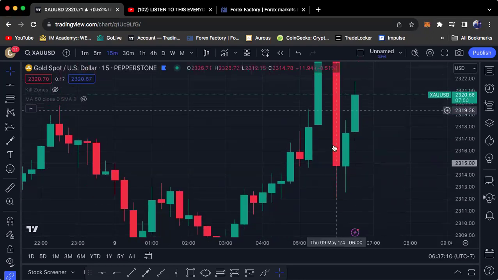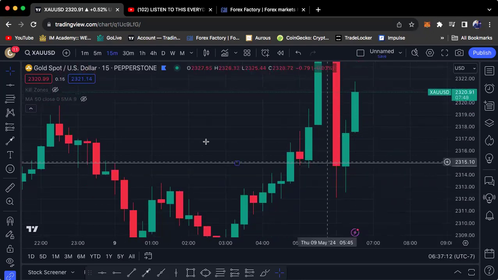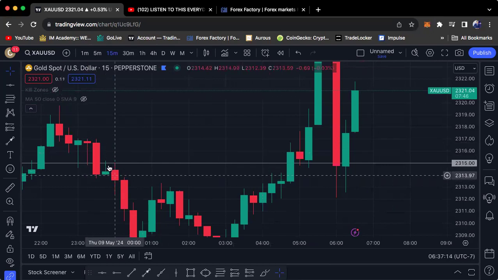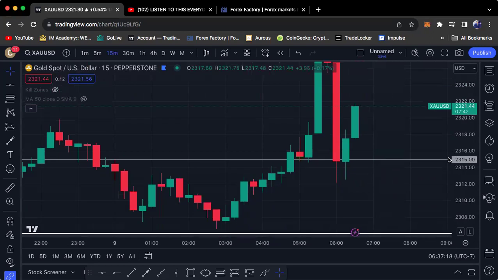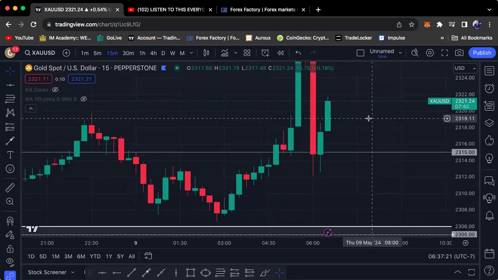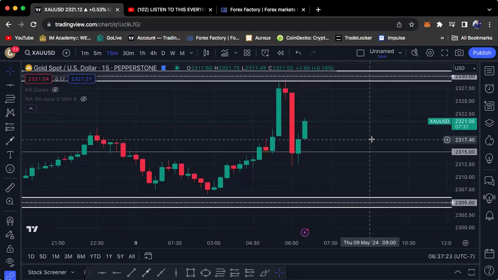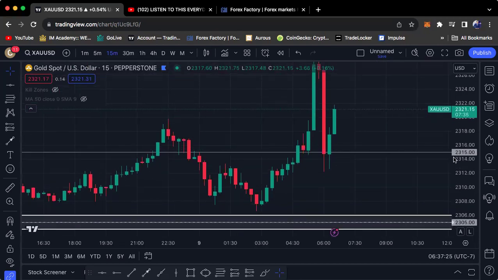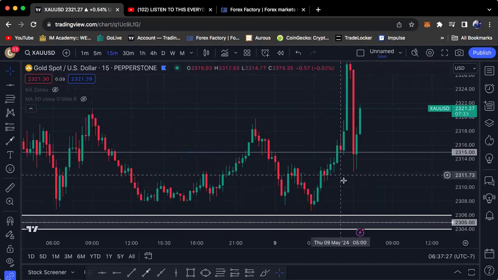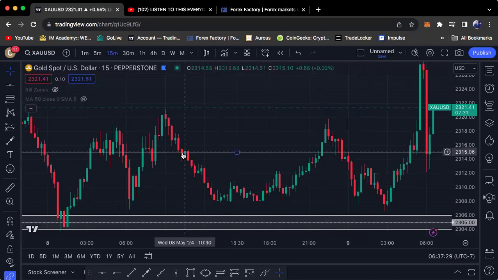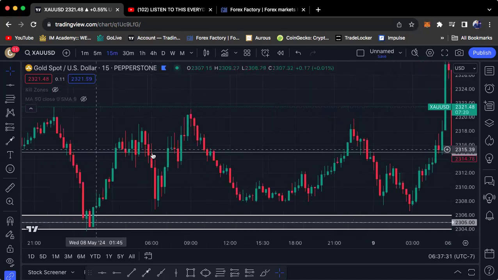Came back down to retest again this area because there was resistance here. Okay. Studying these candlesticks is so important, guys. There is resistance here. There's a lot of price action going on here.